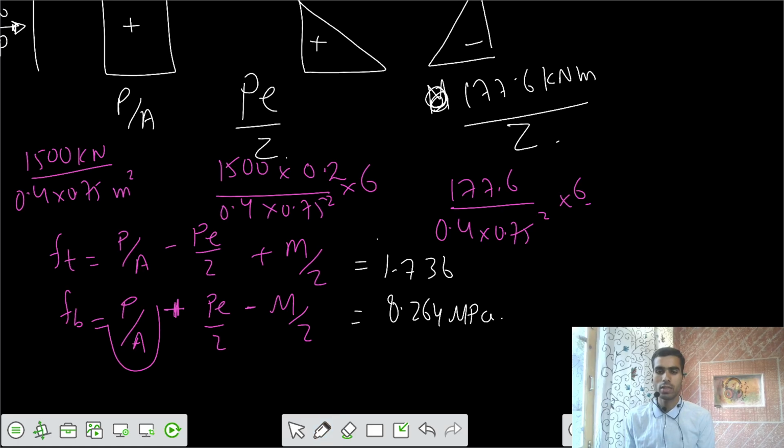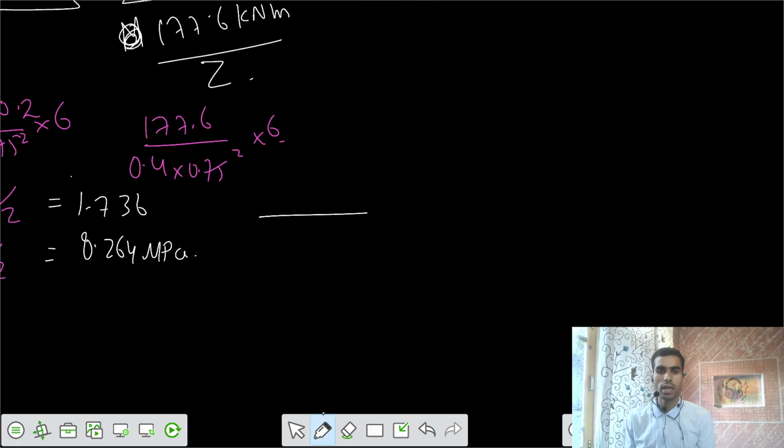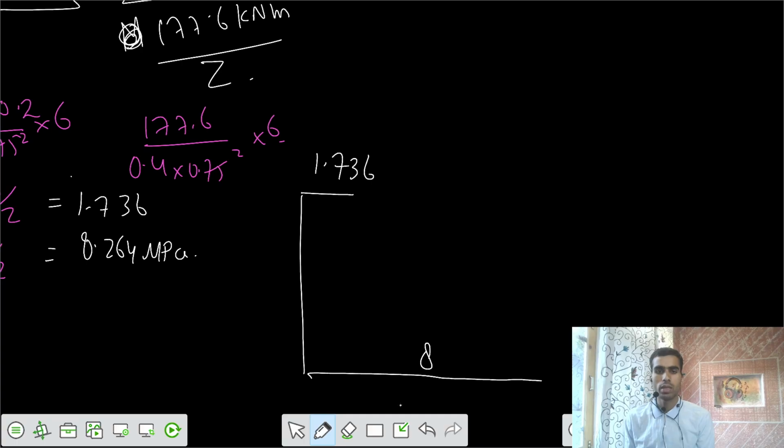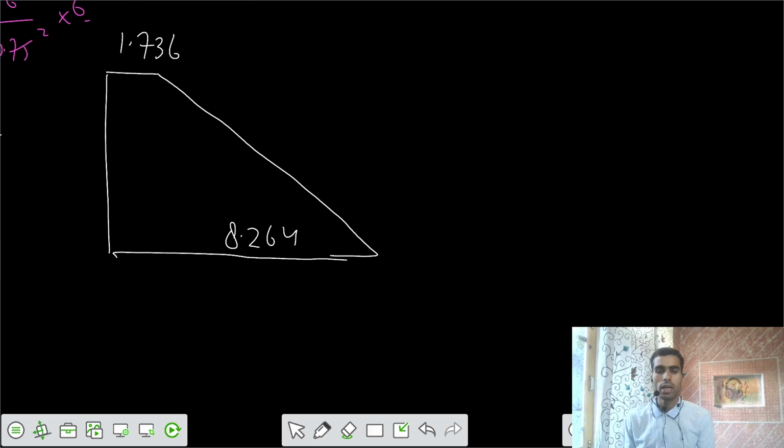So let's have the stress diagram. This is your line, with 1.736 and 8.264, and you join them by a straight line. Now, this is all compressive stress that has developed on the section because of the resistance of the section.